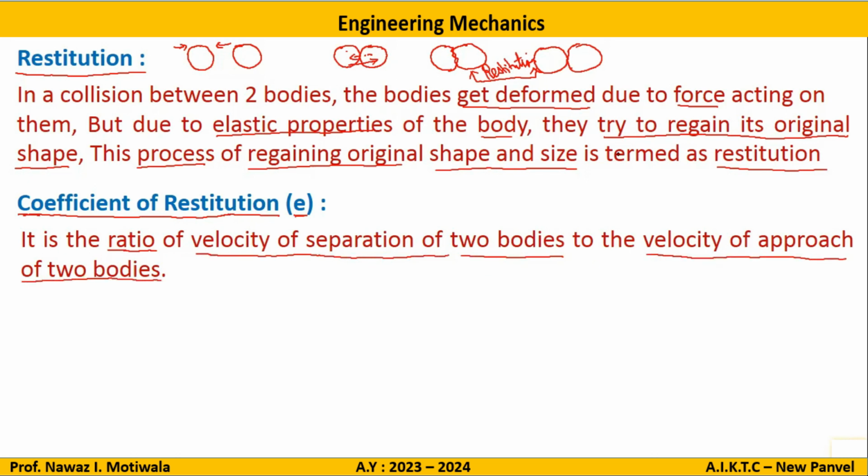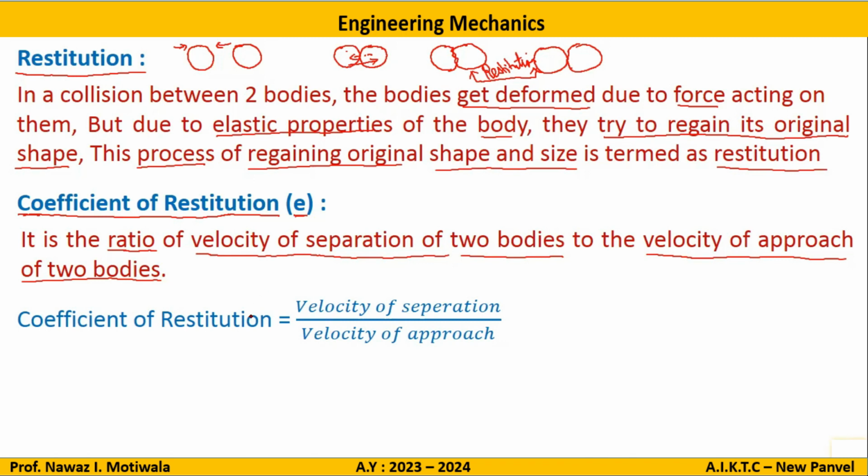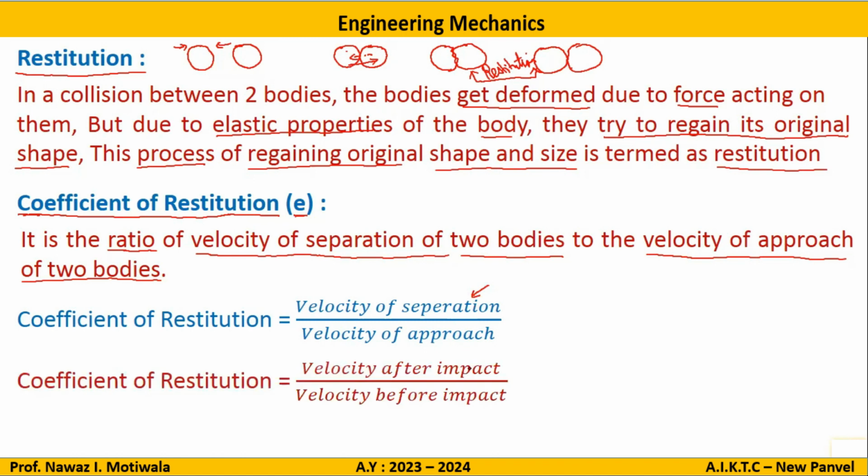Velocity of separation means the velocities after impact, and velocity of approach means the velocities of the particles before impact. So I can write: coefficient of restitution is velocity of separation divided by velocity of approach, that is, velocity after impact divided by velocity before impact.